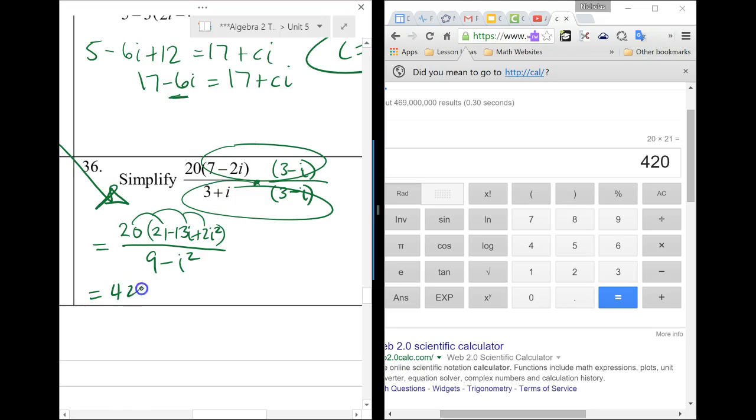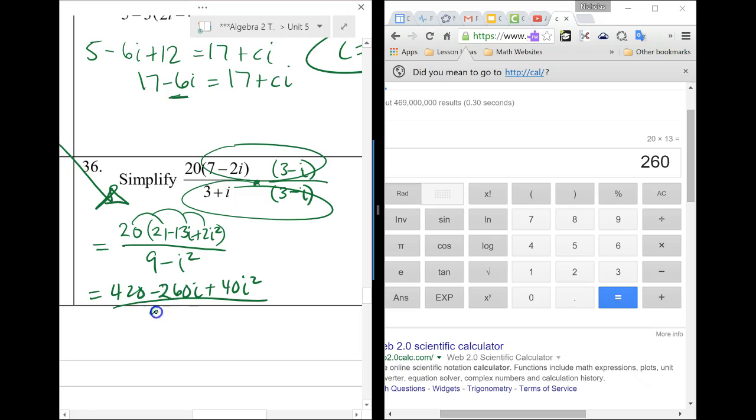Okay, so we get 420 here. Then we have 20 times 13. This is 260, and that was negative, so now it's 260i. Now we have 2 times 20, which would be 40.